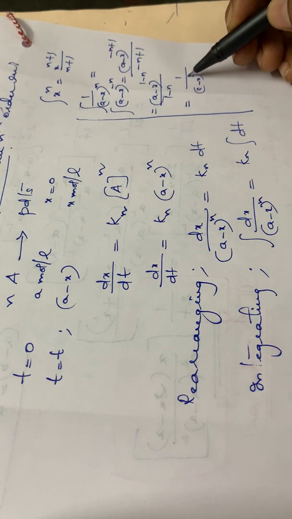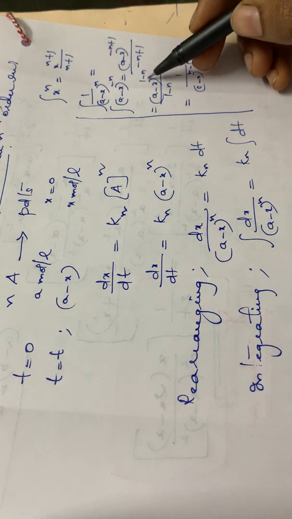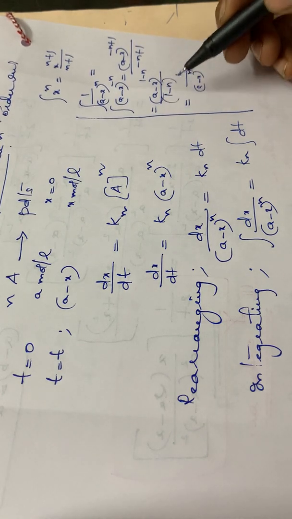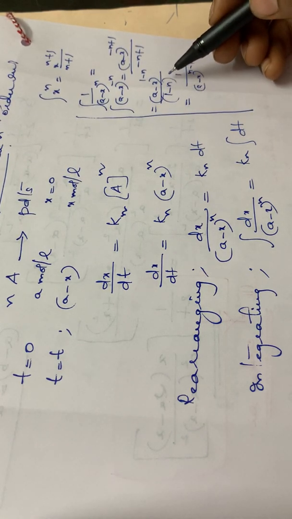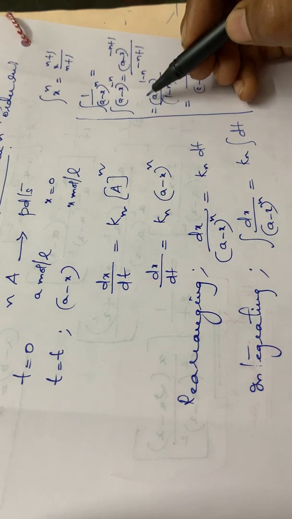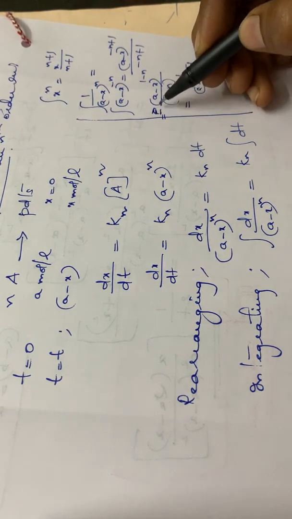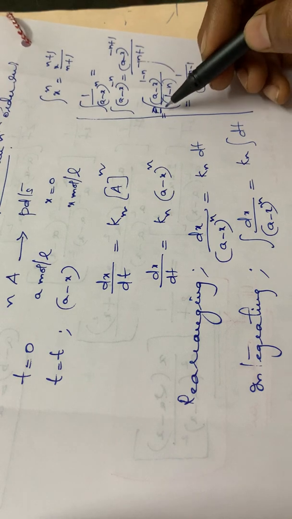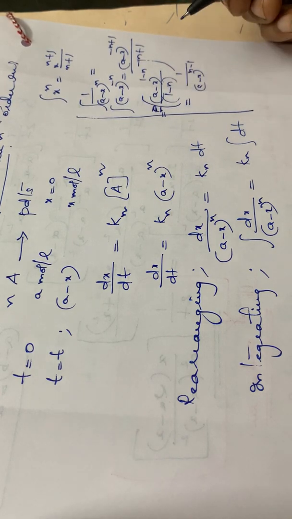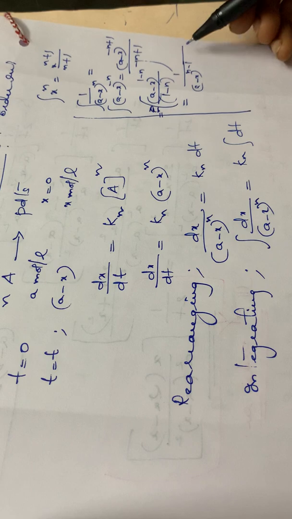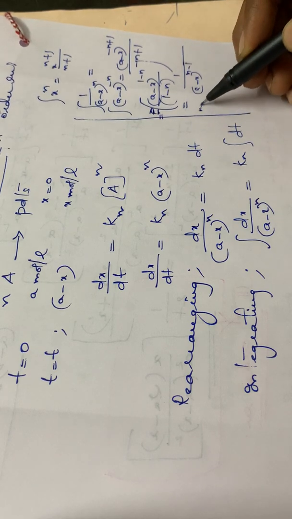So it becomes 1 by (A minus x) the whole raised to n minus 1, then again divided by 1 minus n, and again one negative sign will be there after integrating this particular term. So minus of 1 minus n becomes n minus 1. So in the denominator one more term, n minus 1.